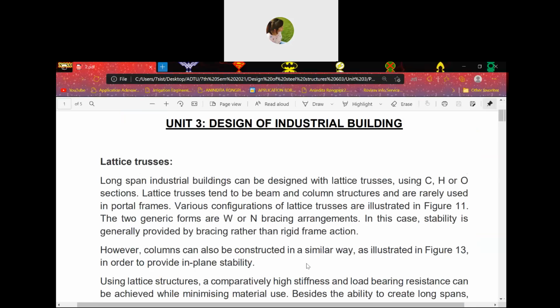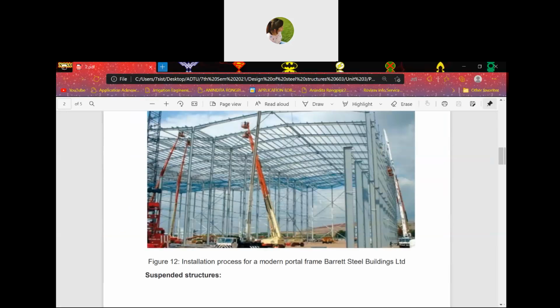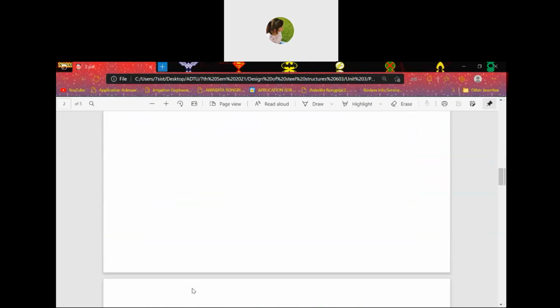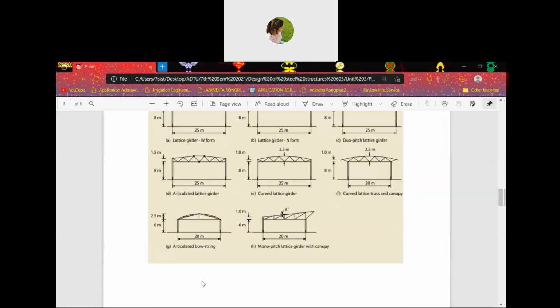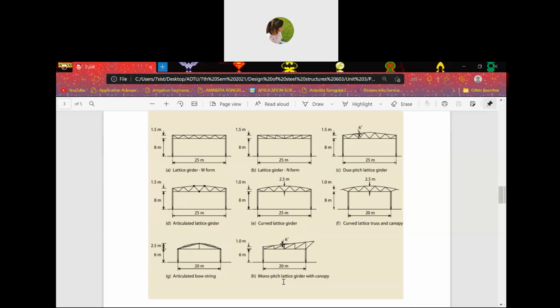However, columns can also be constructed in a similar way, as illustrated in figure 13, in order to provide in-plane or internal stability. This is your figure 13: various forms of lattice truss used in industrial buildings.